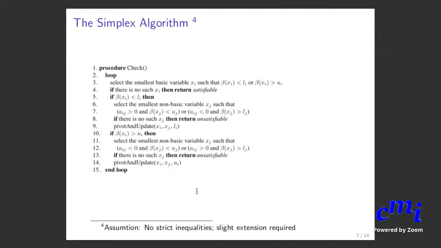Because you know the current assignment, and the lower and upper bounds are constants, you know how much you'll have to adjust. It's Li minus beta xi, divided by aij. That's what you will have to adjust it by.